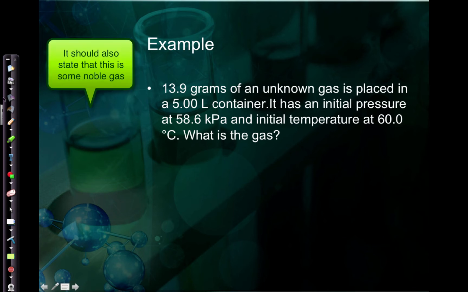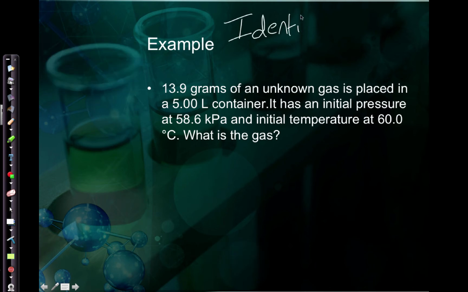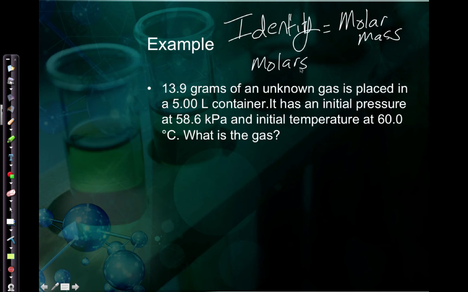Anytime we're looking for the identity of something, one way to do it is to find its molar mass. If you can find its molar mass, that's one way to identify a substance. So molar mass is equal to mass divided by moles. If you have the number of moles and the mass, you can figure out the molar mass. So let's pull out the information first.